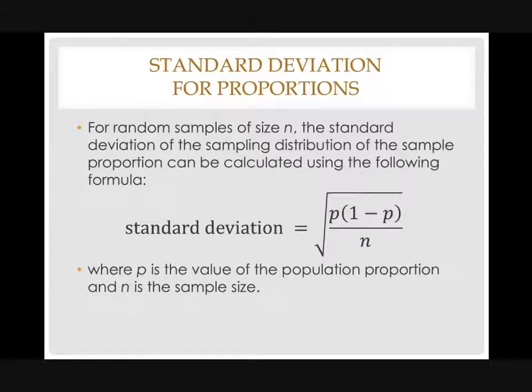So, standard deviation of proportions. For random samples of size n, the standard deviation of the sampling distribution of the sample proportion can be calculated using the following formula: the square root of p times 1 minus p divided by n, where p is the population proportion and n is the sample size.